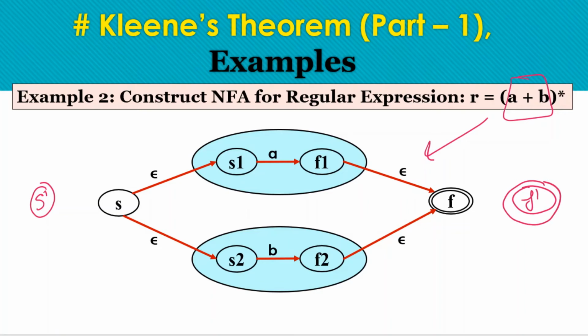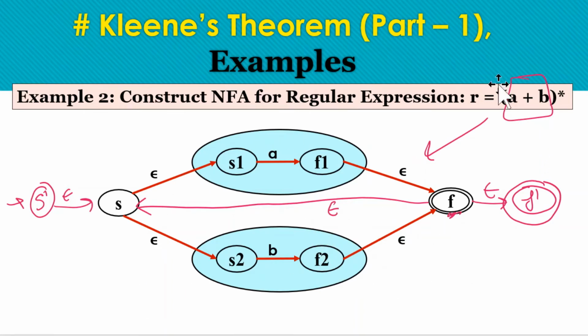Now we just need to repeat this machine. As we need to repeat this machine, this state is not the final state now. So for repetition we have null moves here. So repetition is done using we are moving from this state to this state with the null input symbol to repeat this state.